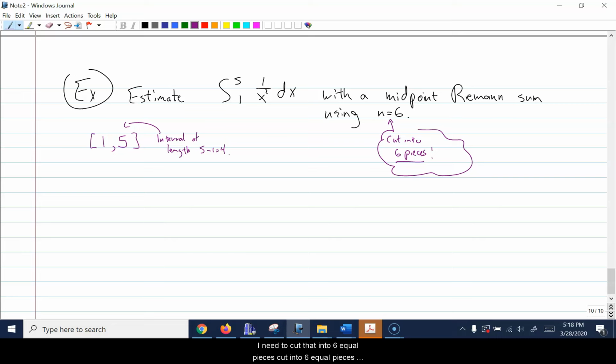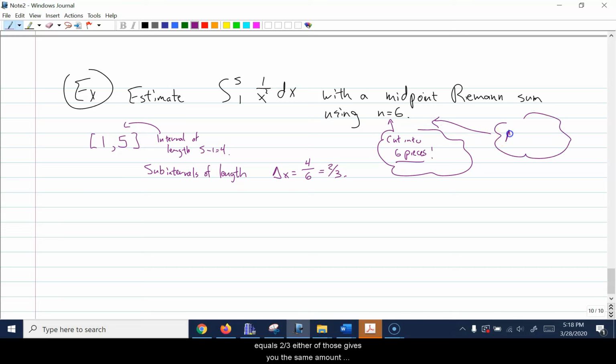Cutting that into 6 equal pieces will give subintervals of length delta x equals 4 divided by 6, which is 2/3. So our subintervals should have length 2/3 each. It's worth noticing, this instruction said cut it into 6 pieces.